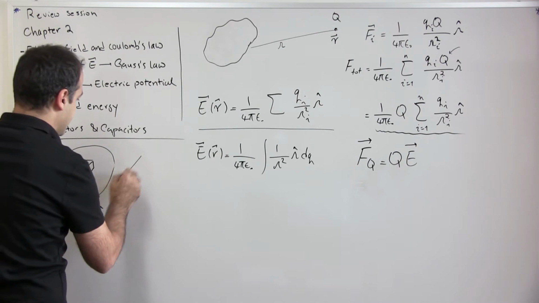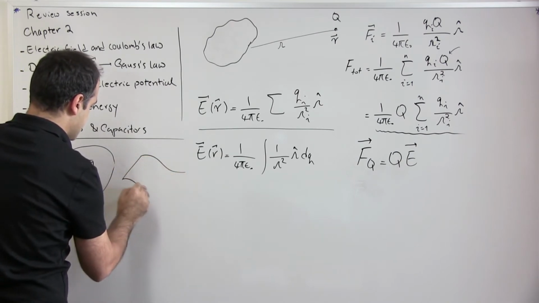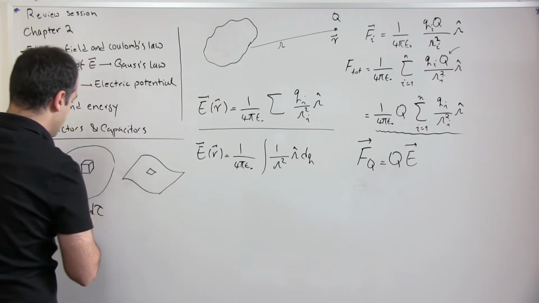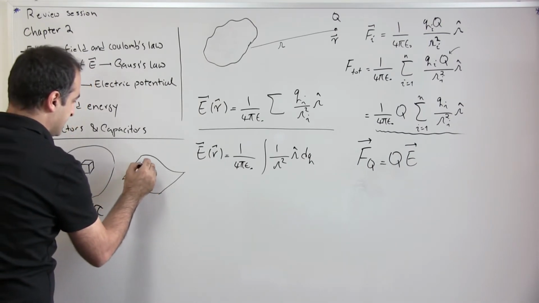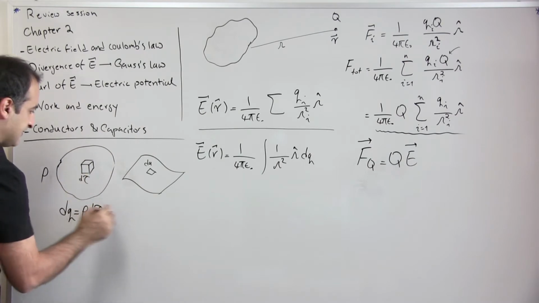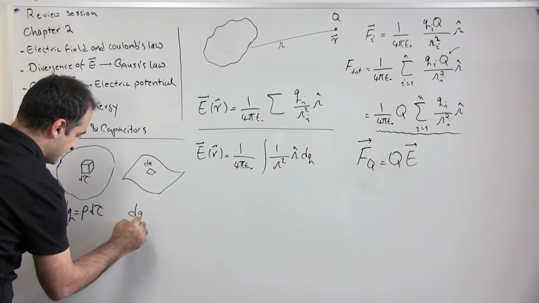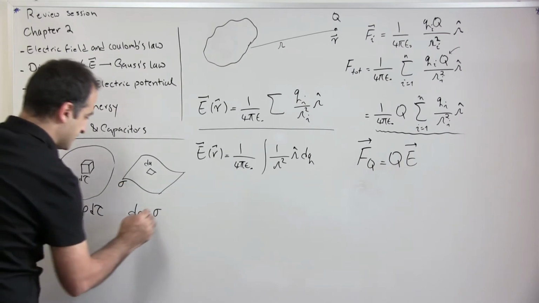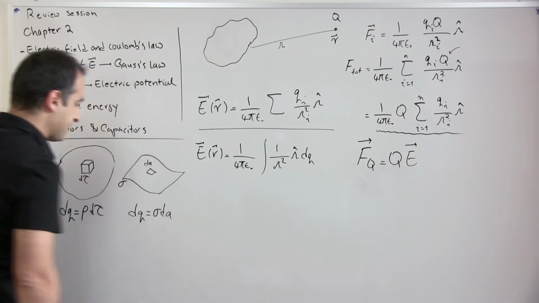And then if we have surface charge, we can look at a small area, dA. In this case, the volume was d tau. And here, for a surface charge, dq is sigma, the surface charge density, times dA.